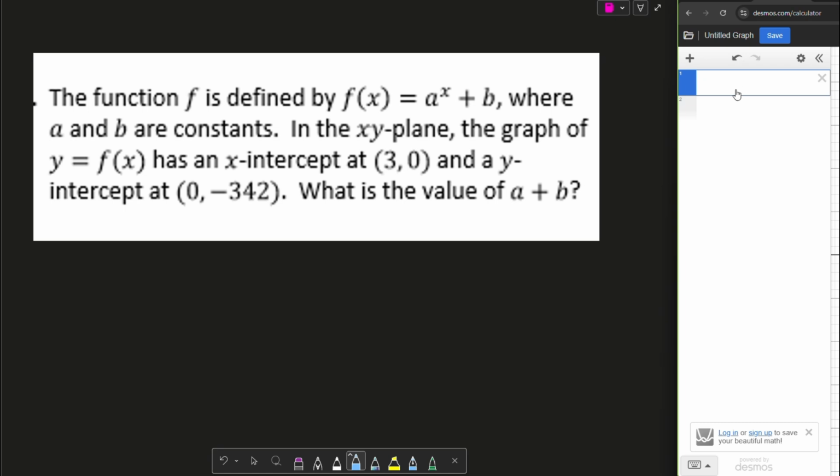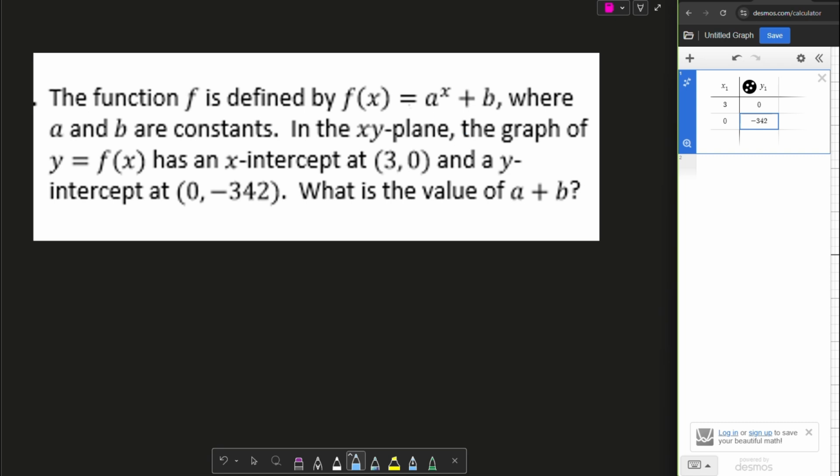Okay, so let's look at this question. We have two ways of how we can solve this question. First of all, we can try the table method because we have two coordinates. And let me plug in the coordinates. After I plug in, I actually see that this, our function, is an exponential function.